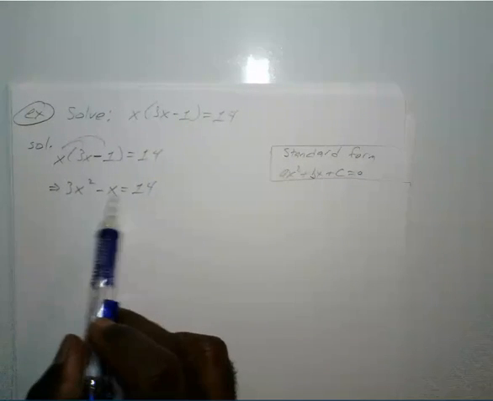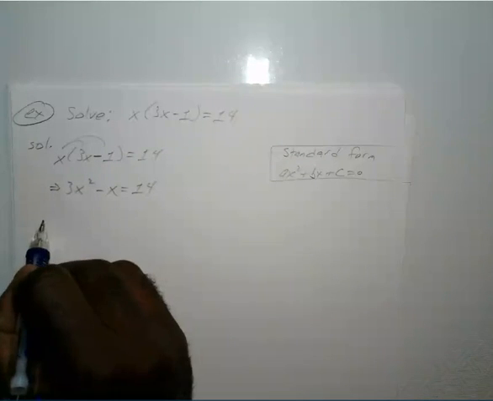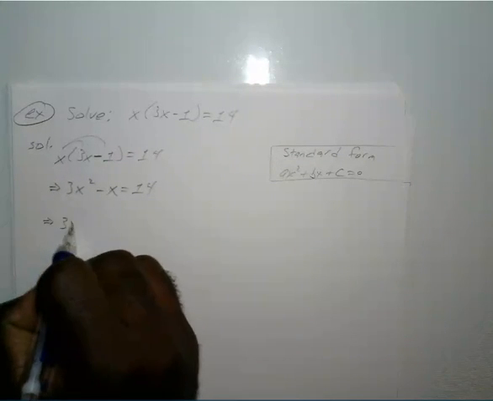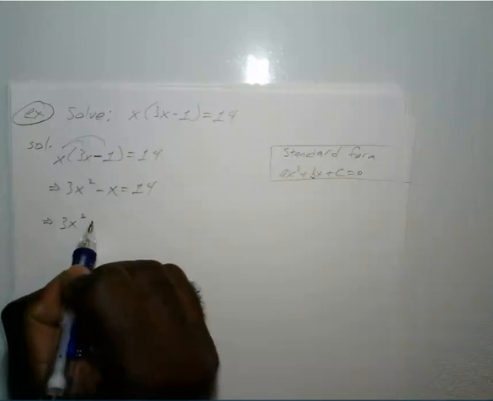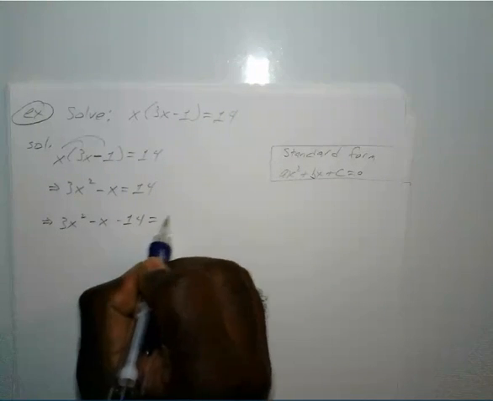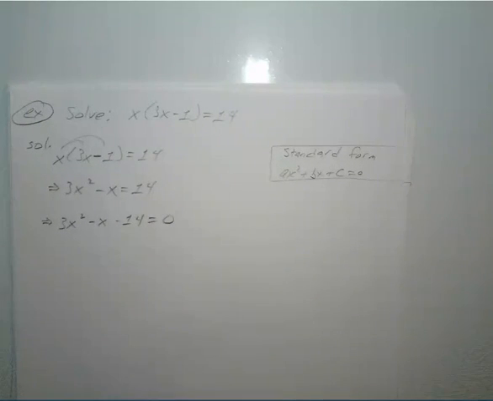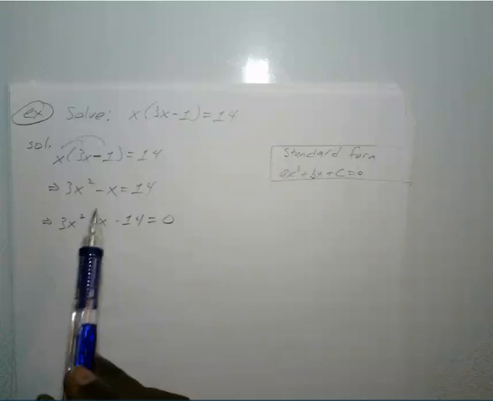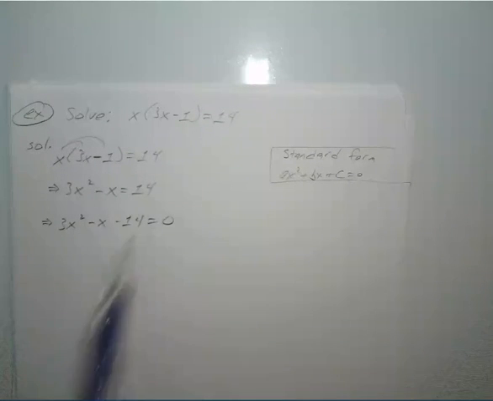Okay, so if we go ahead and subtract 14 from both sides, we have 3x squared minus x minus 14 equals 0. Okay, now this is what we're going to solve.